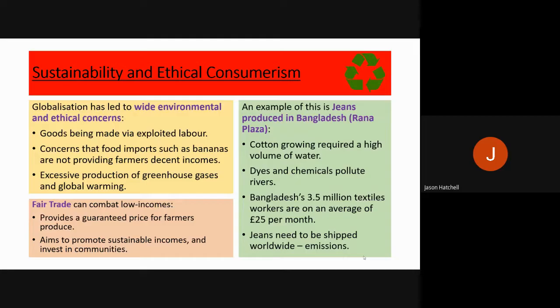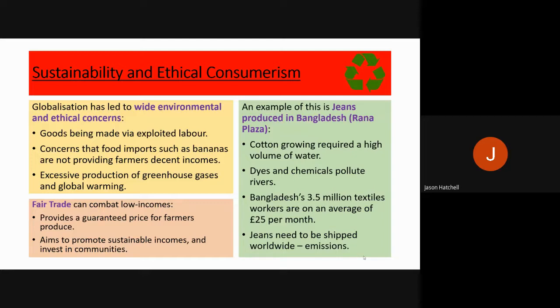And we also use dye and chemicals in those jeans, which pollute rivers. Bangladesh's 3.5 million textile workers are on an average salary of £25 per month. Now, if we compare that to our living standards in the UK, that's very low. And jeans also, remember, when they're made in Bangladesh, the environmental pollution doesn't stop there because they need to be shipped worldwide, which adds to more emissions in our atmosphere.